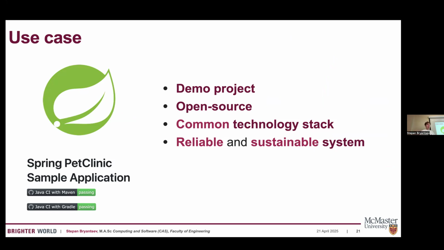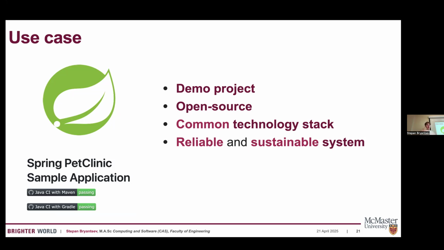This is a demo project implemented by the developers of the Spring framework. Those developers show how the Spring framework can be used. So this is a very popular open source application that is used mostly for demo purposes. That's why we selected it, because we need to have some system to evaluate our SST.